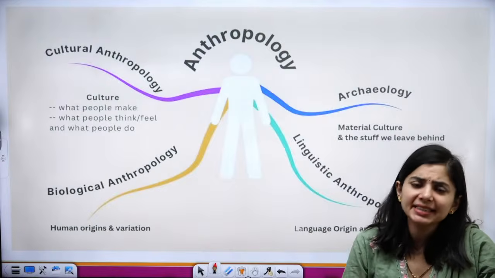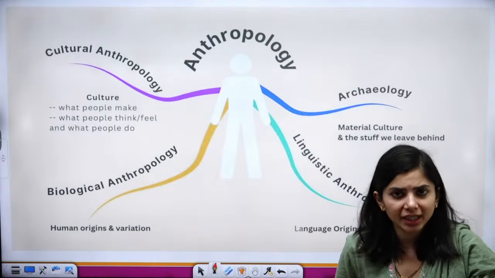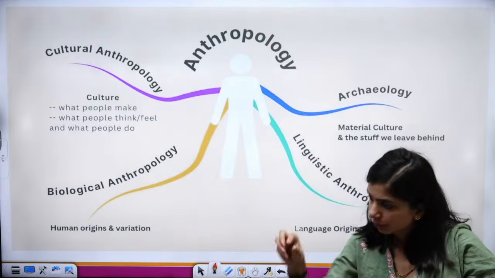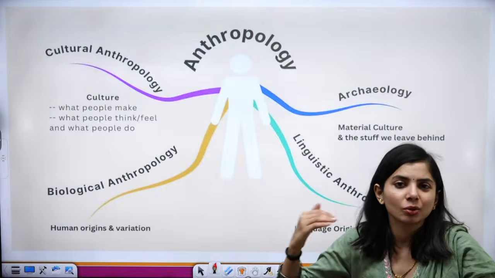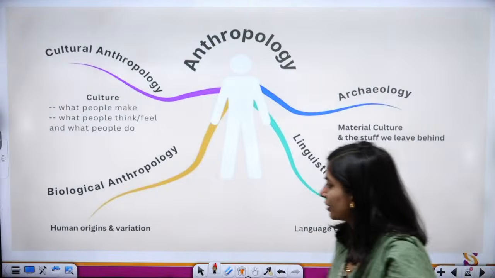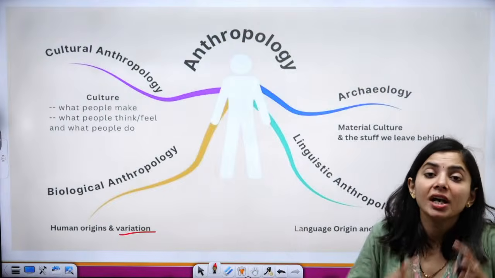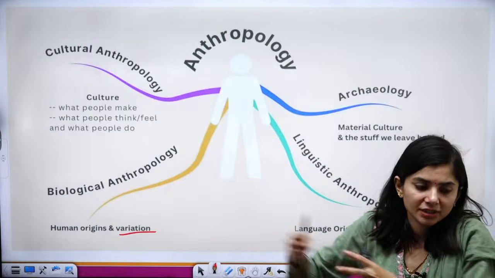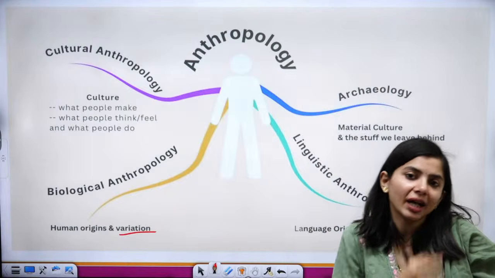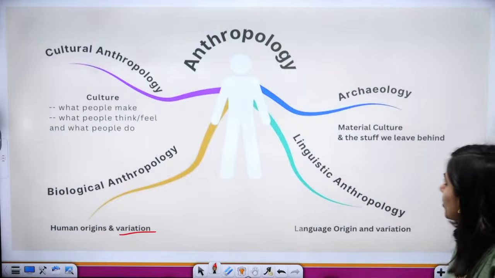So these things are variations. Biologically we all evolved from a common point, but later on our genes started getting variations, and that's how we find human variation. That's how we find regional variations. So in one region people look alike, in another region people look different. So that's what you can understand.